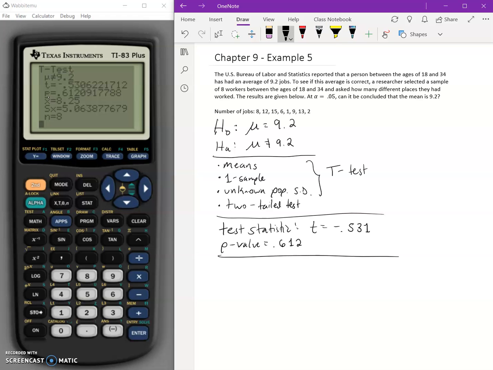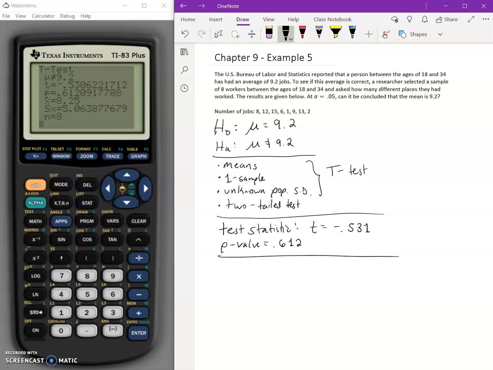Now, this is a very, very large p-value. Normally we want values less than 0.1, or even 0.05, which is obviously what we're shooting for, but even less than 0.1 would be pretty reasonable. Here, it doesn't look like there's that much evidence at all, so the p-value is pretty large, because our sample mean of 8.25 is pretty close to 9.2, especially when our sample standard deviation is calculated as 5.06.